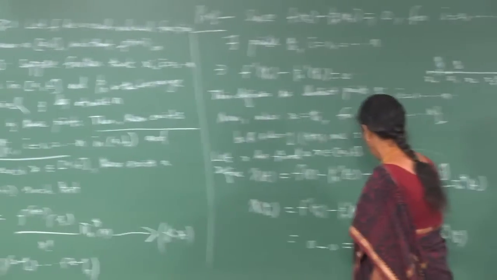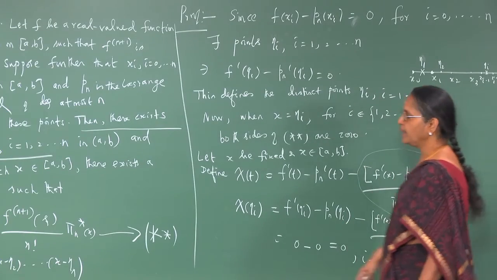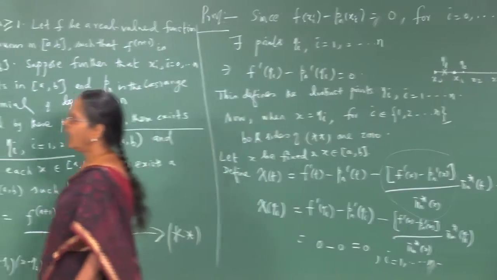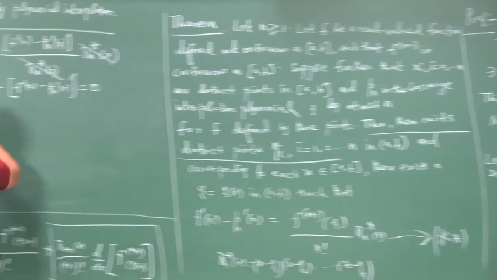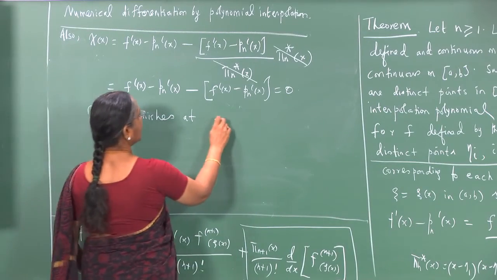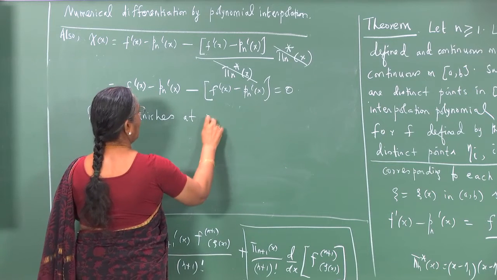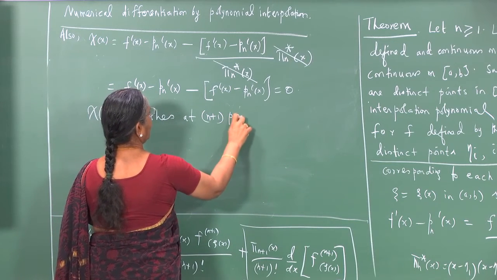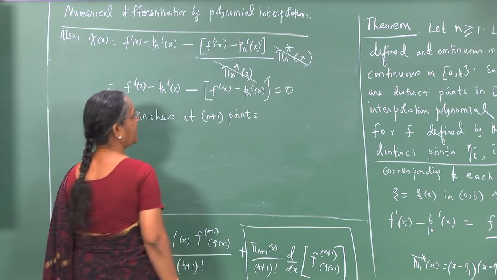At all the eta i, which are n in number and distinct, and at x, where x belongs to (a, b). So, chi of t vanishes at n plus 1 points in the interval (a, b).